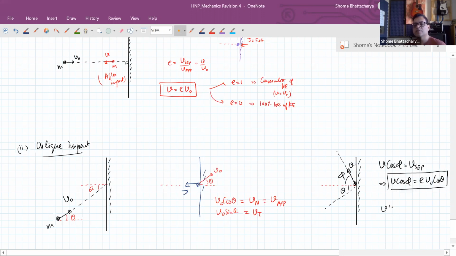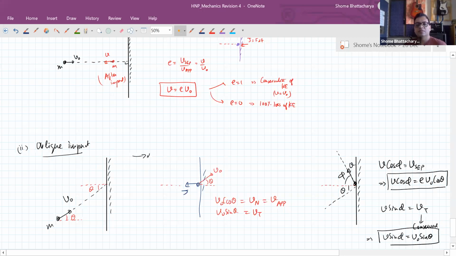And v sin phi is the tangential component. So this remains conserved because the impulse is only along the normal direction. So v sin phi will be equal to v naught sin theta.